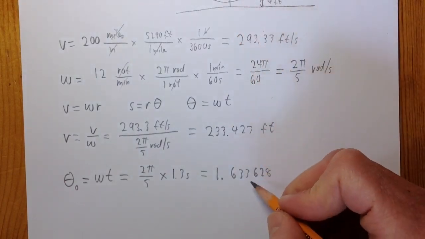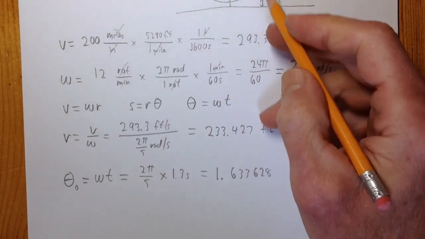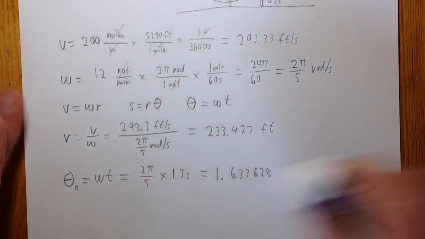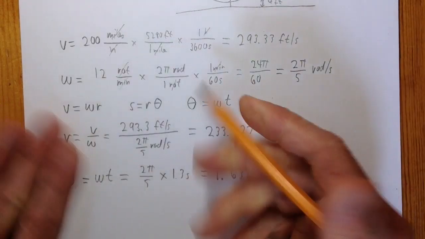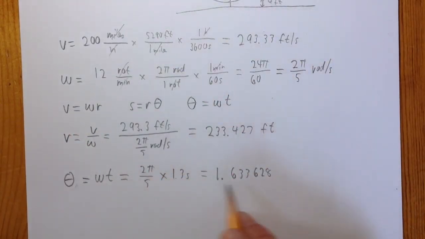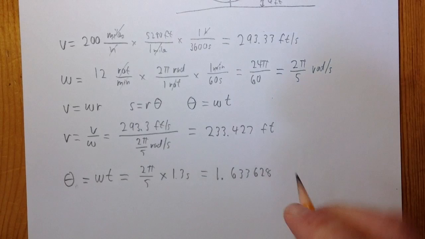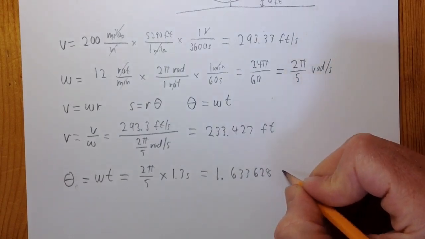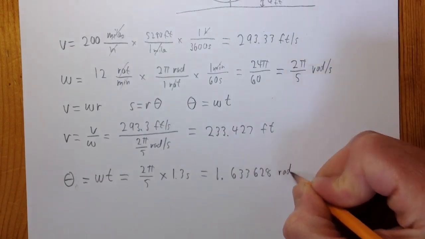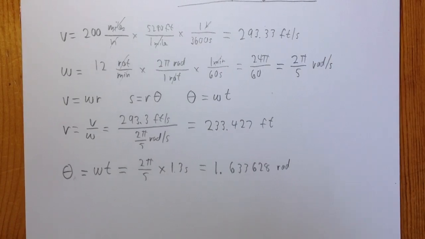Okay, so really, the angle it goes in 1.3 seconds is 1.633628 radians. That's the angle it turns.